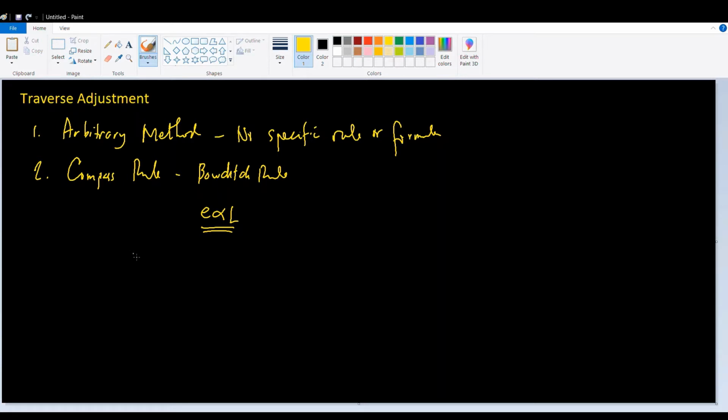We employ the following formulas in applying the compass rule. C sub L refers to the correction for any course.